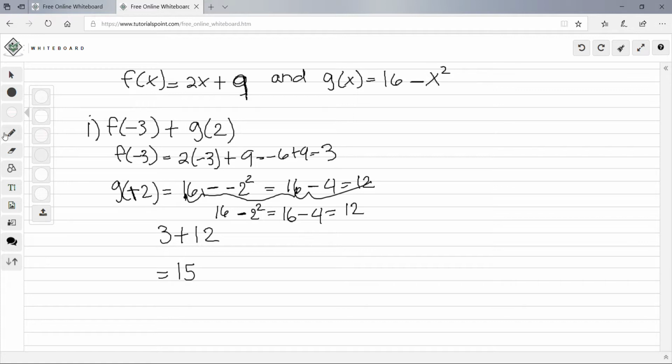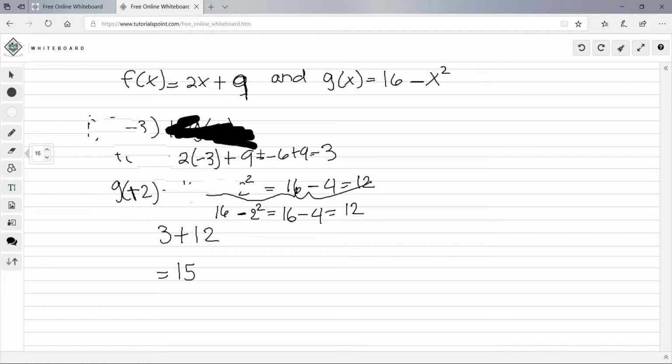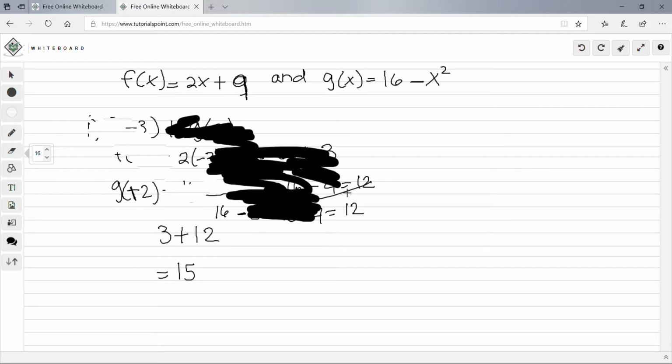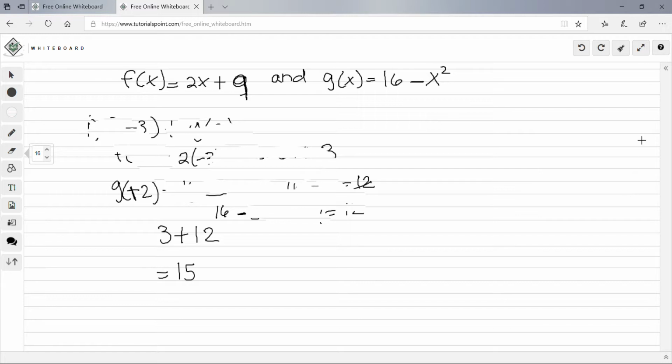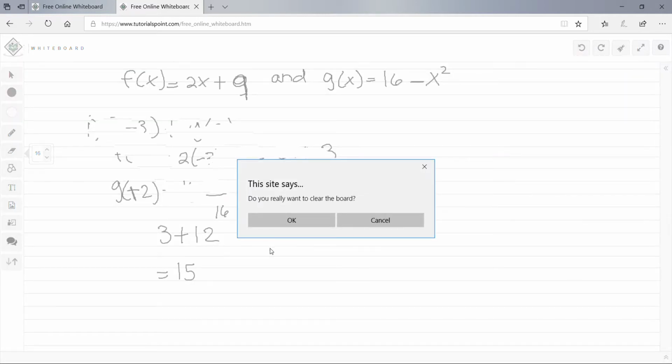Okay, so next problem. Hold on, I'm just going to erase the board. I just have to rewrite the function.